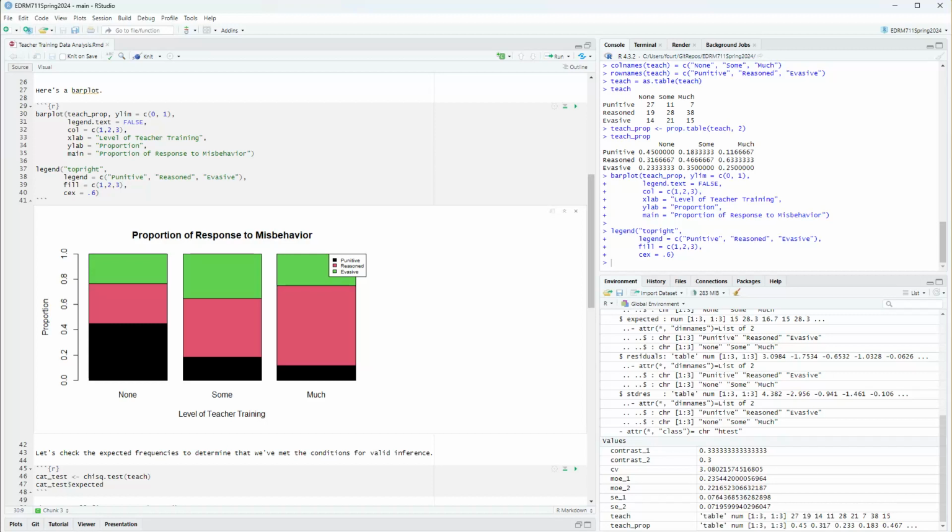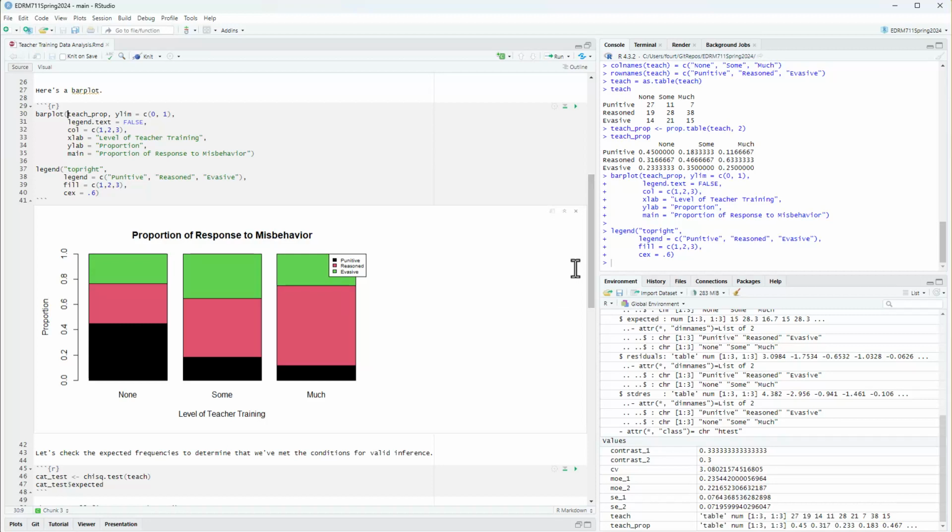And we also have to have independence across groups so that teachers in one group don't appear in other groups. That's probably implied by this study. How can you be in the no teacher training condition and the much teacher training condition at the same time? You can't. So I think that independence is implied by the nature of our study. But then we have to look at expected frequencies.